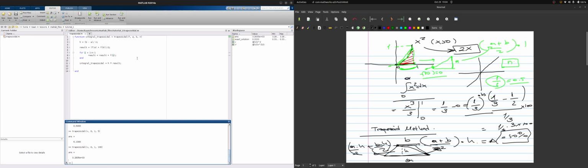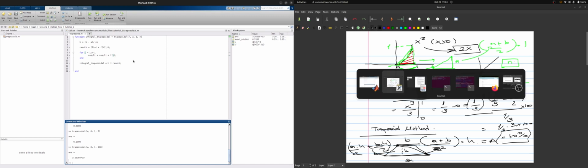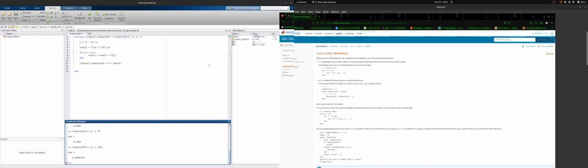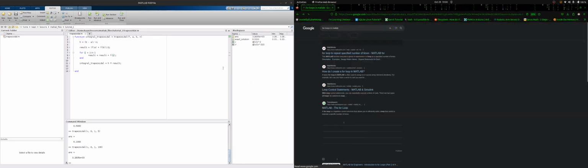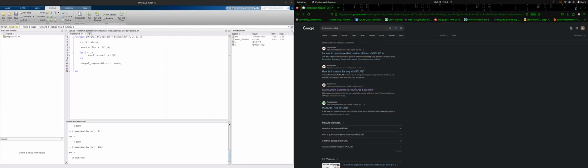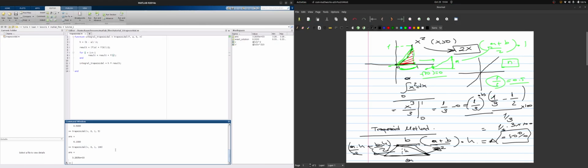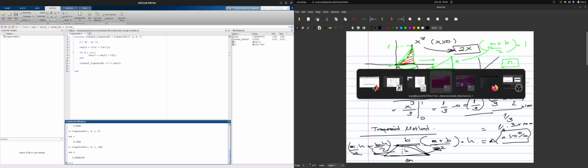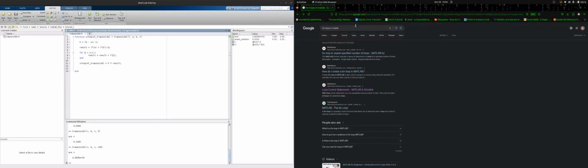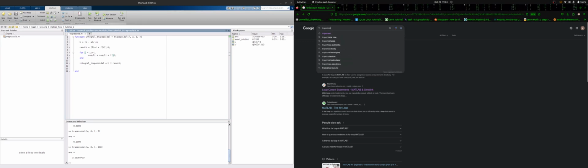So I clearly made a mistake here, so let me check how I can actually check this. Trapezoidal Matlab function, let's say.